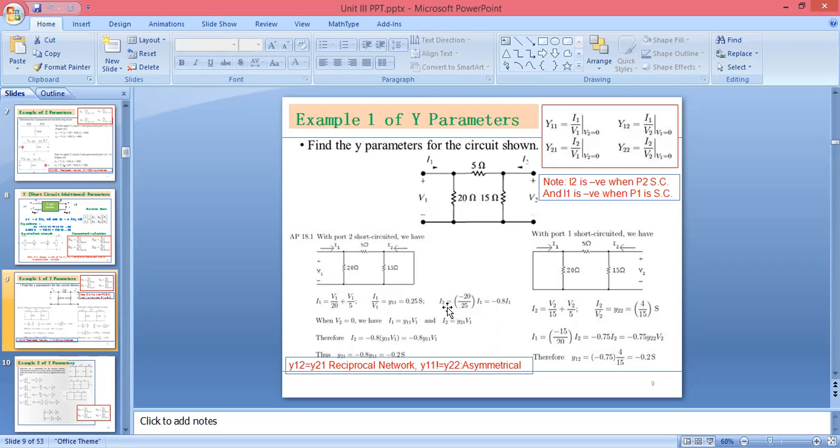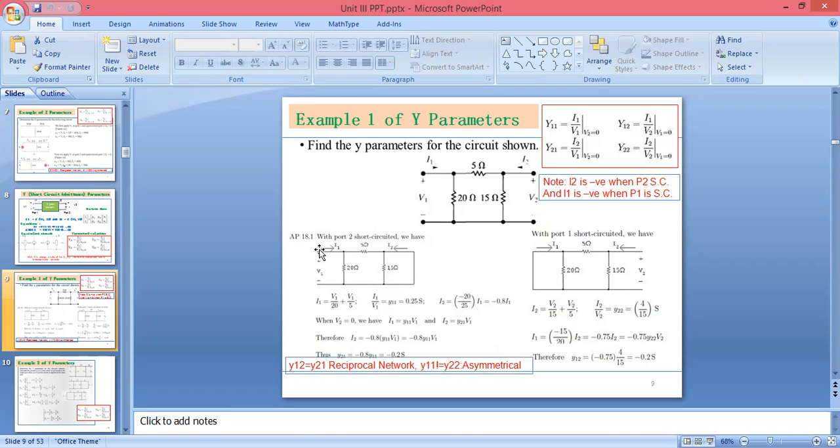So I can write here I2 equal to I1 into the resistance that will be in parallel. तो 5 ohm के parallel में क्या है? 20 upon total resistance. Total resistance is 20 plus 5, that will be 25. And we are taking here negative sign. Why?